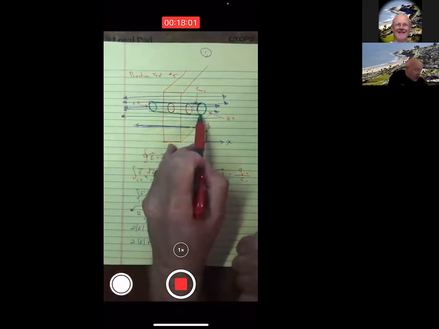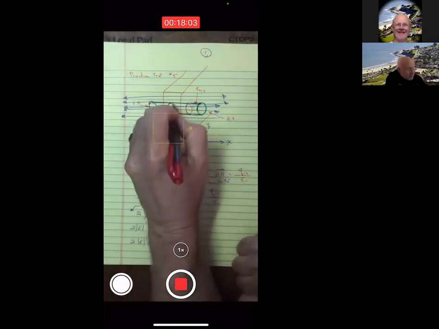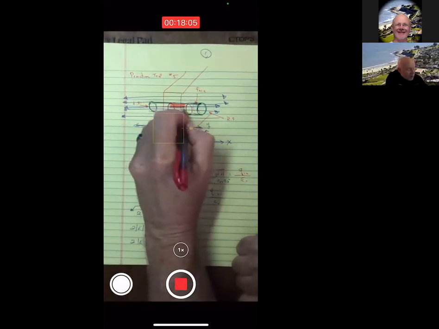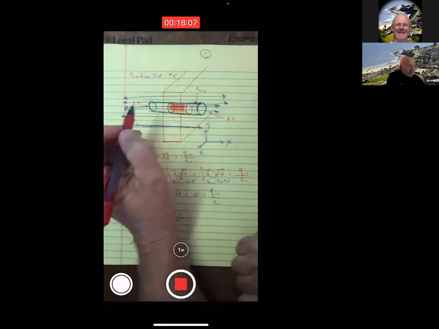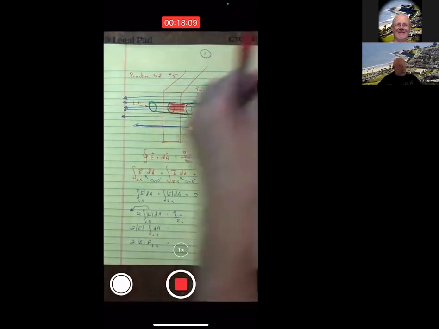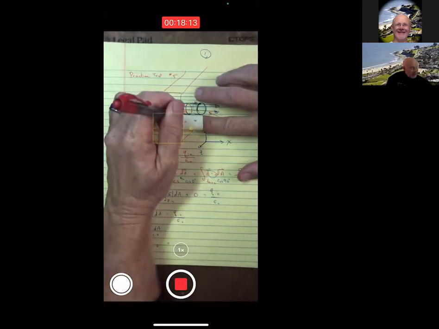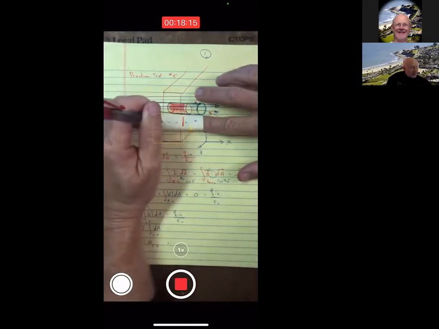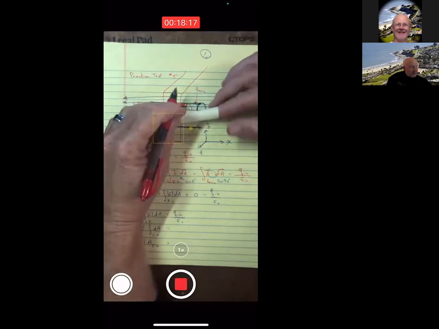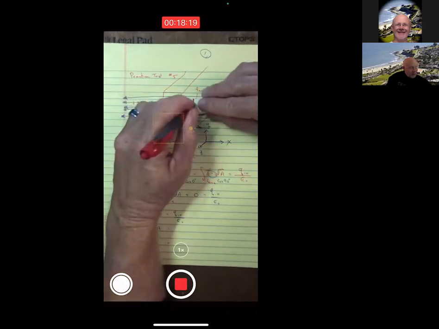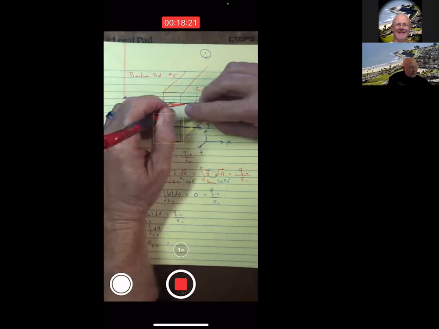Because as we cut through here, the charges would really only be in this little cylinder. If I use my Gaussian here, I guess maybe I would say, well, it cuts through about there and cuts through about there, and it goes all the way around it.